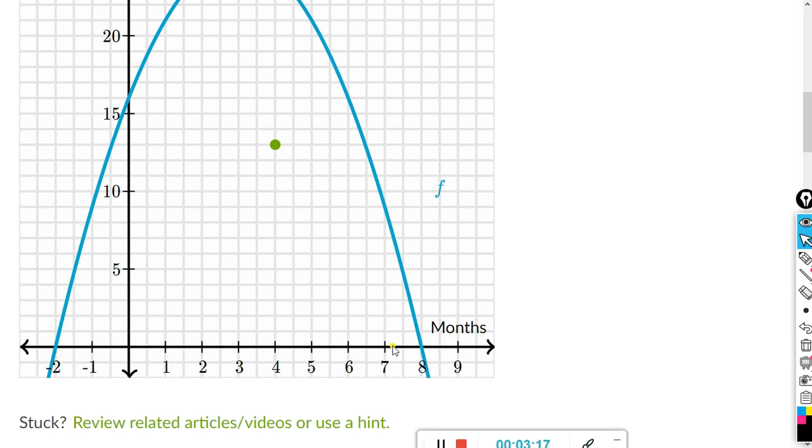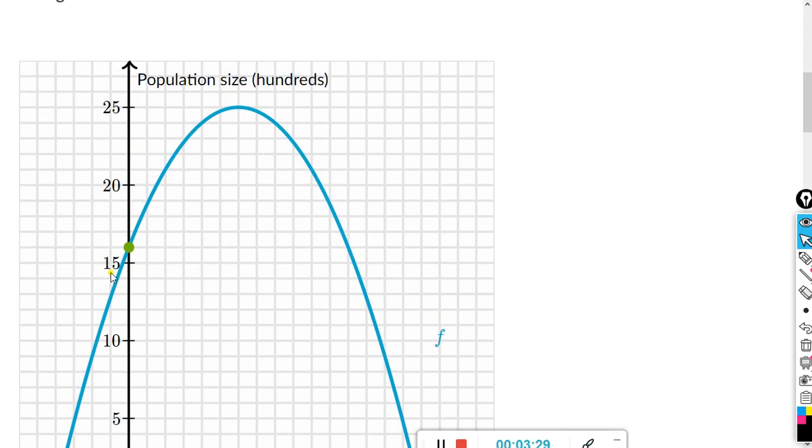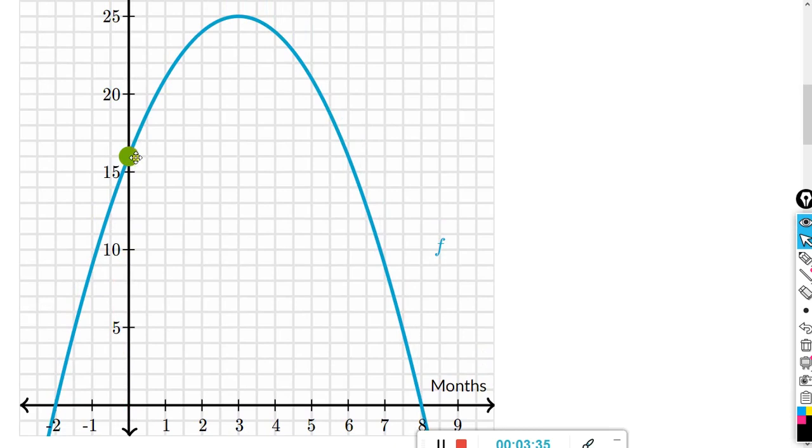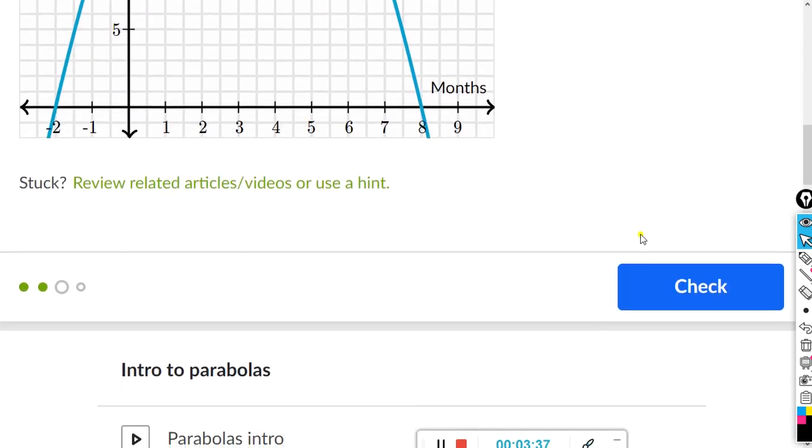So this is x equals 0 months. If you go up to the parabola, it starts right here. So left click on the dot and drag it right there. Remember, that is the y-axis, and the y-intercept is where x equals 0. So this represents 0 months when they discovered it.